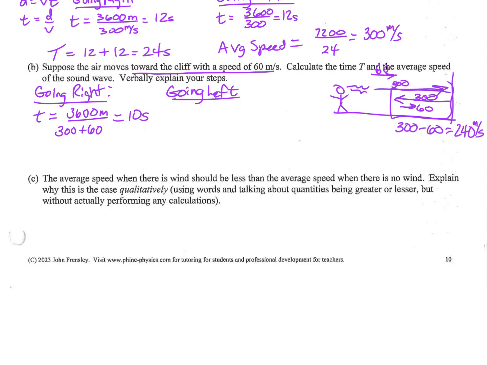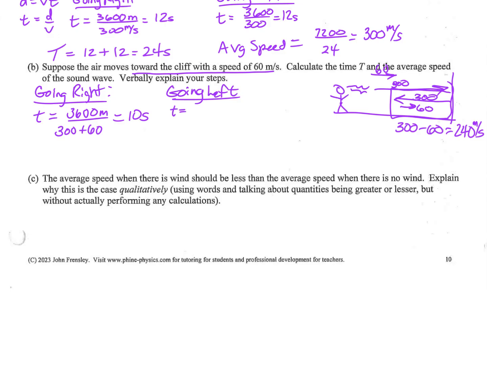This is relative. This is like when a pilot flies with a tailwind, that would be our going to the right because the wind is pushing it faster, versus a headwind, which is going into the wind, which is slowing the plane down. That's our case in going left here.